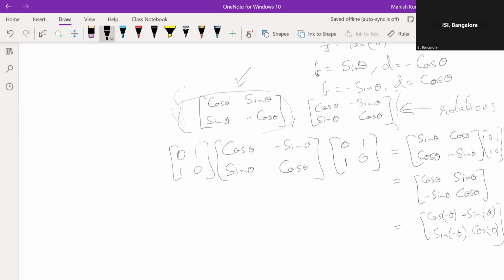If I had done it more geometrically, it would have been nicer. So first you flip, then change the angle by theta, and then flip back. Then you get this transformation. And you'll have to change by minus theta instead of theta.